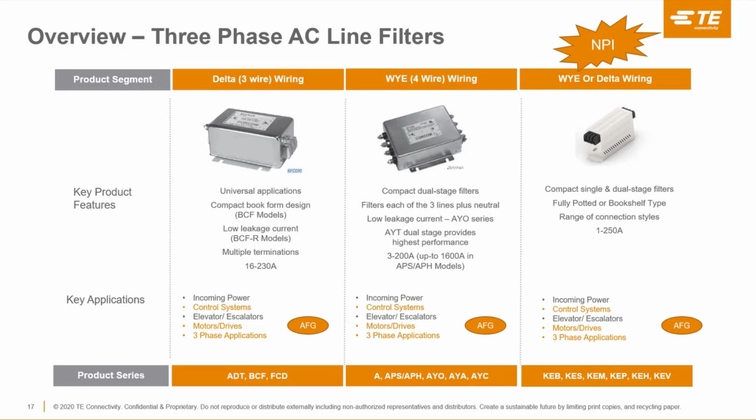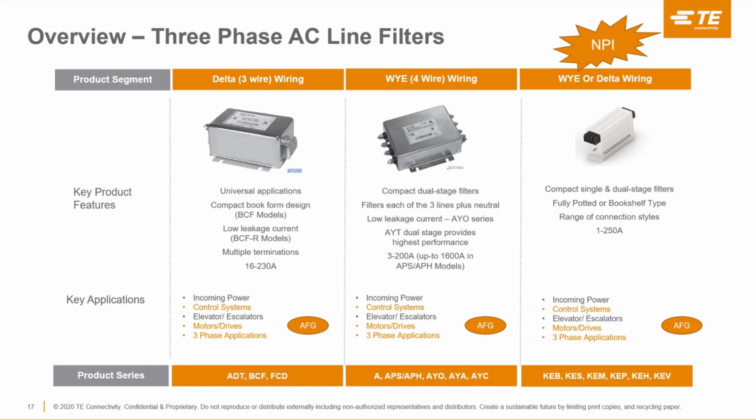A lot of the AFGs that you see will probably be on 3-phase power, in robotics and semiconductor machinery. Granted, there will be some single-phase applications in there as well, but also incoming power, control systems, elevators, escalators, motors, drives, 3-phase applications for these product lines. We also recently did, as mentioned before, an NPI in this product line.